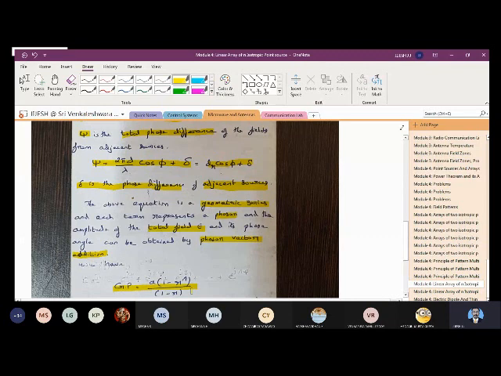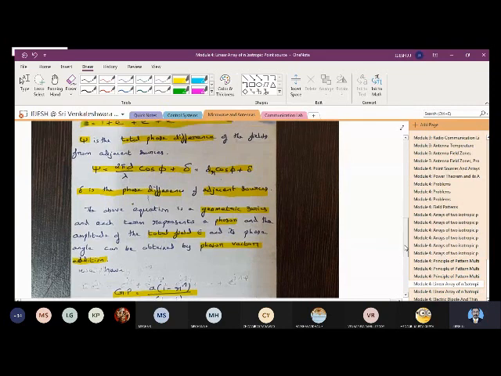This is a general equation which everyone knows. Here you need to find out what is A and what is R, then we can use it in the equation.